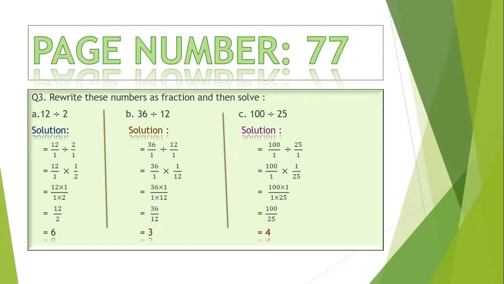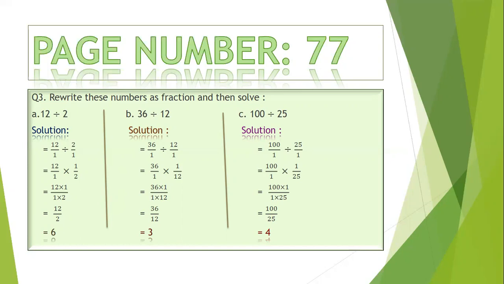Now we change the division sign into the multiplication. And what is the rule of division when we convert into the multiplication? The fraction after the division will be changed. Change means we will take the reciprocal of that number. The number which is after the division sign, when we convert the division into multiplication, we will take the reciprocal of that number.